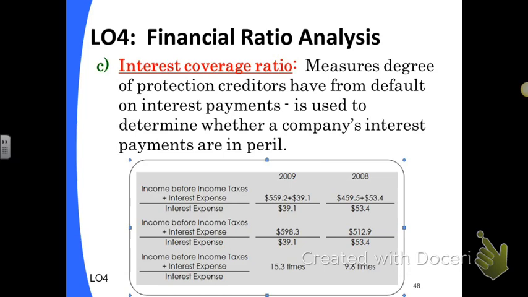Again, these numbers are all going to be found on your income statement. And we could see that for this particular year, the company's ratio improved from 2008 to 2009, and it looks like it's partially attributed to the fact that their interest expense did decrease from 2008 into 2009.